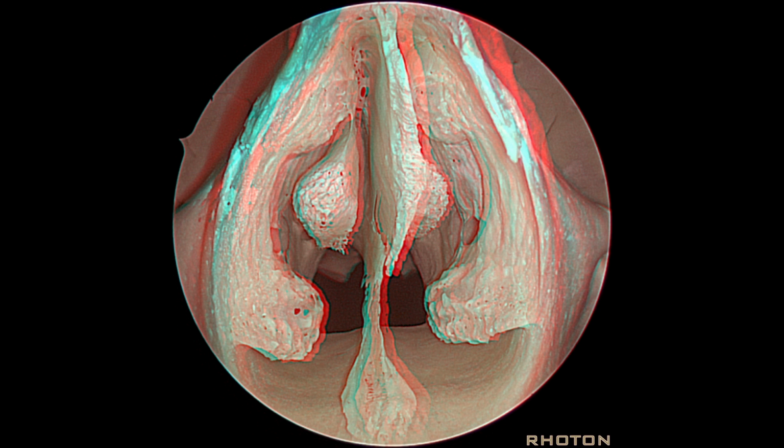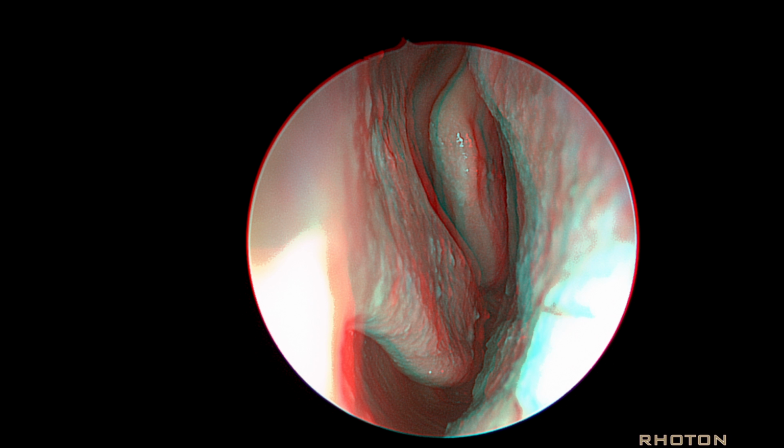So let's start out back in nasal cavity. Here's nasolacrimal duct. Now we look in septum, and we're on the right side now, right nostril. This is inferior turbinate, middle turbinate.